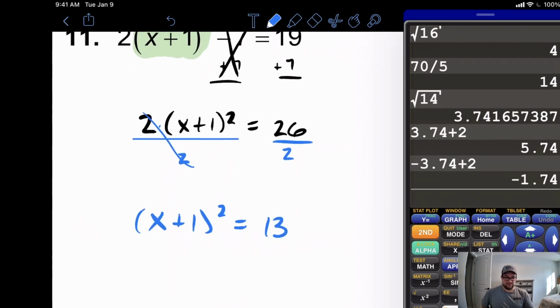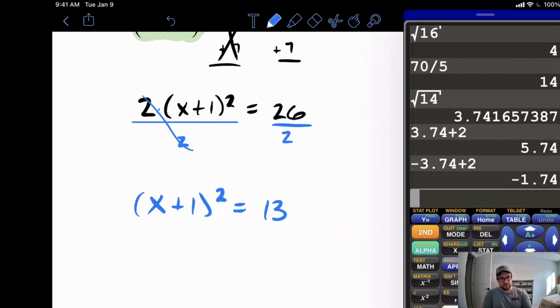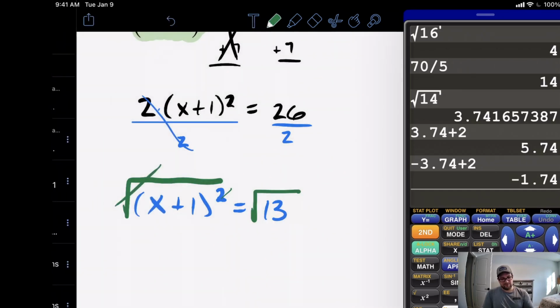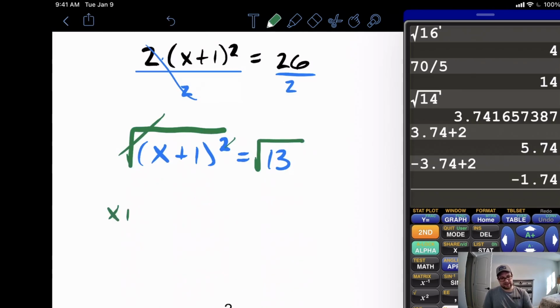Now, once you've made it this far, you've done a really nice job, but we have a little bit further to go. Remember, to undo squaring something, we like to square root. Squaring and square root are inverse operations. They cancel each other out. So I'm going to be left with, this is where we got to be careful, x plus 1 equals, and x plus 1 equals.